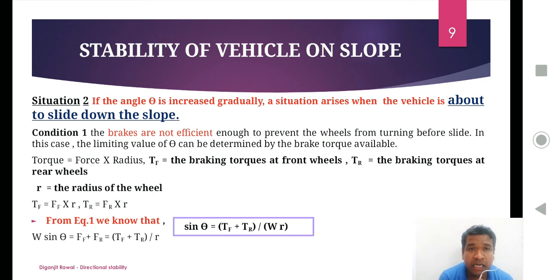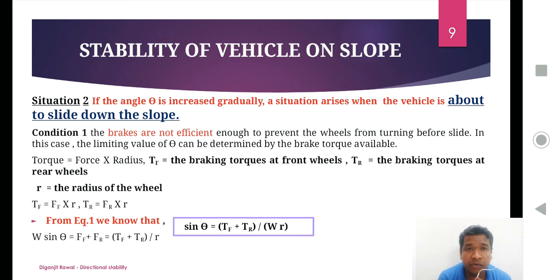In this case, the limiting value of theta can be determined by the brake torque available. So we know that torque is equal to force into radius. Tf is equal to braking torque at the front wheels, Tr is equal to braking torque at the rear wheels, and r is equal to radius of the wheel.